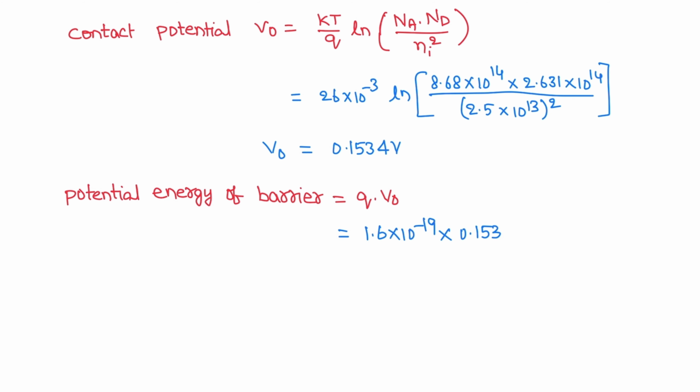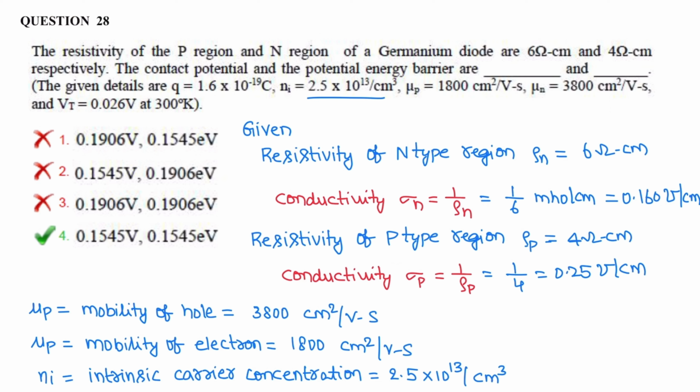So potential energy barrier is 0.1534 electron volts. So it is in electron volts. So correct answer is option 4, 0.1545 volts, and potential barrier is 0.1545 electron volts.